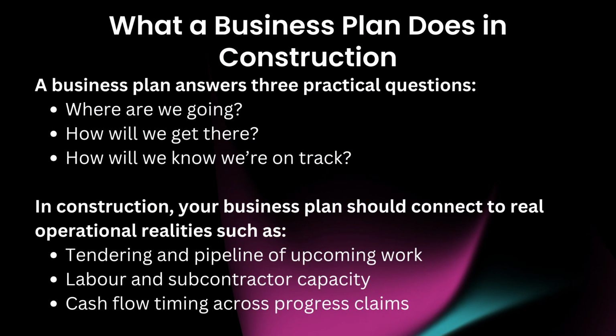What a business plan does in construction. A business plan answers three practical questions. Where are we going? How will we get there? How will we know we're on track?